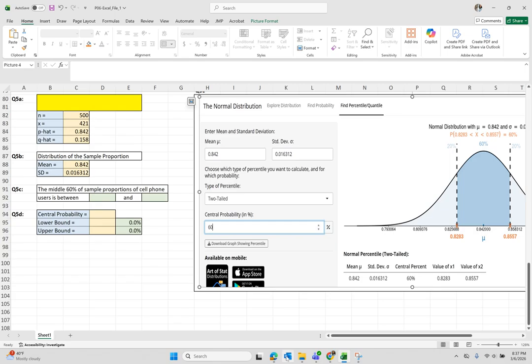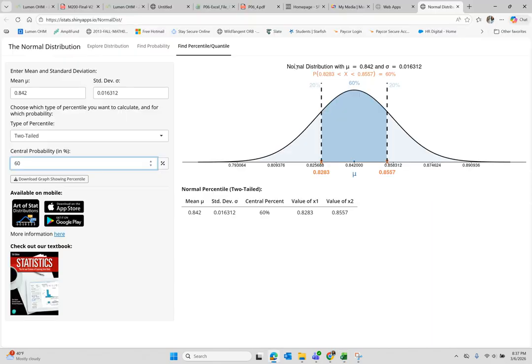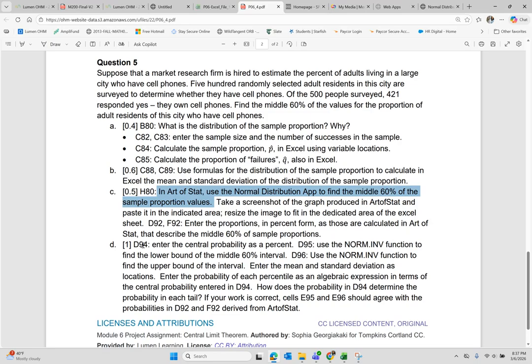Let's see what part C is asking us to do. Part C says, in D92 and F92, enter the proportions in percent form as those are calculated in Art of Stat that describe the middle 60% of sample proportions.